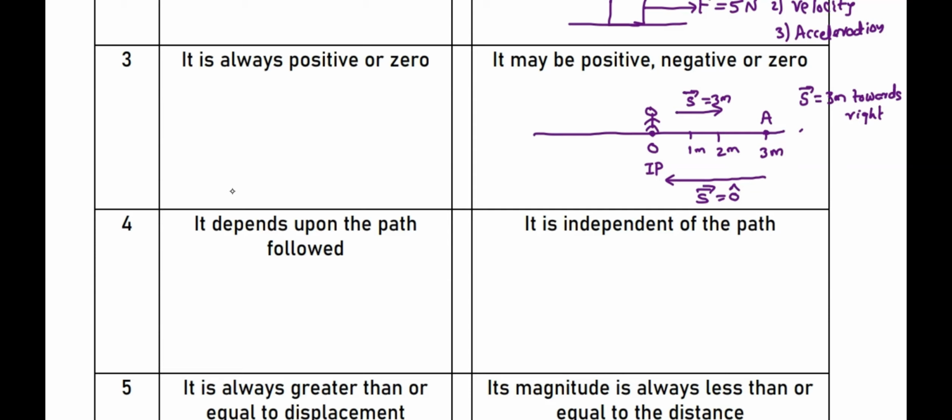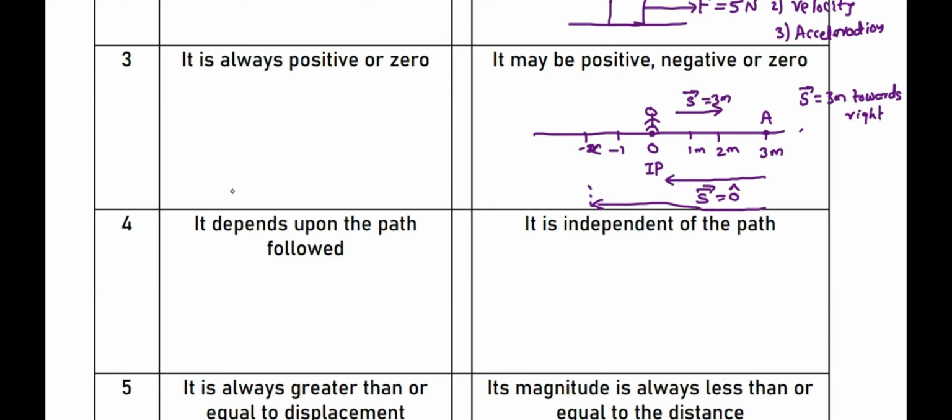Suppose the body started from point O to A and again is moving from A to some other point. It is supposed to say -1 meter, -2 meter. Then finally the displacement is -2 meter.